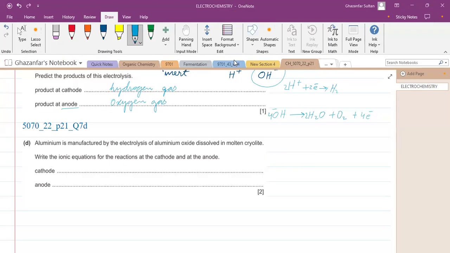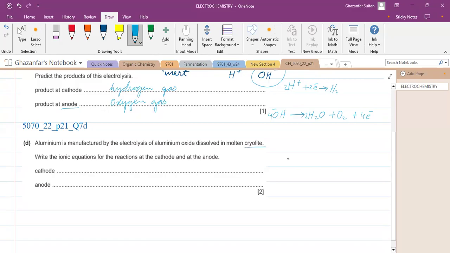Now see, this is another question from the same year and the same paper, but question 7D. Here they have given that aluminum is manufactured by electrolysis of aluminum oxide dissolved in molten cryolite. So cryolite, when it is molten, can dissolve aluminum oxide.